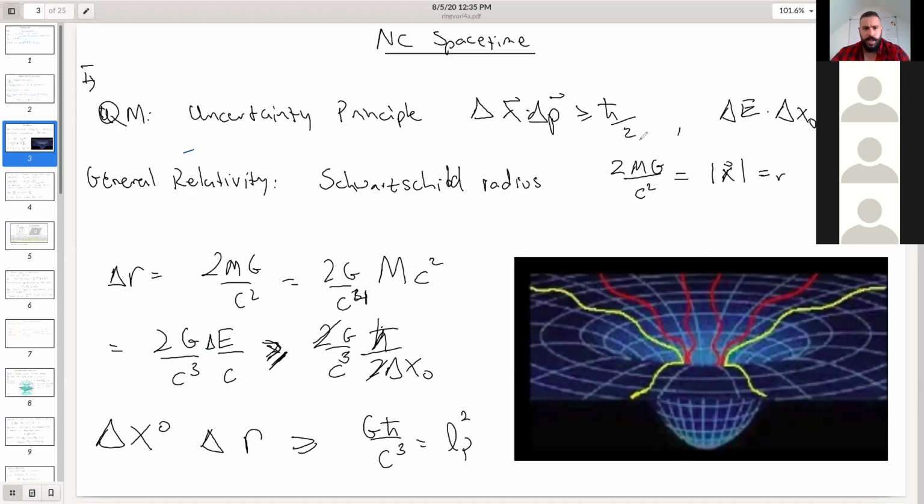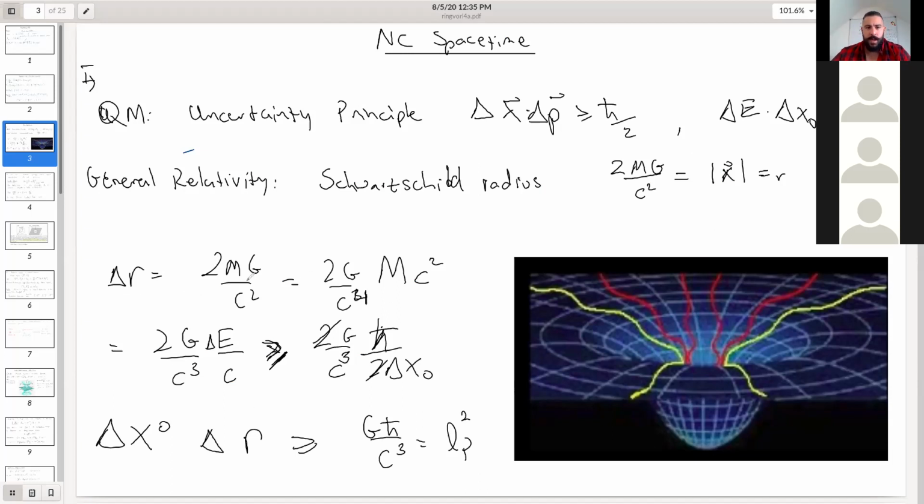If you take those two together and you take from general relativity the Schwarzschild radius, which is exactly the radius to which you have to shrink some object with mass m such that it becomes a black hole, so in a sense this mass is so big that it creates a singularity in space-time, leading to black hole formation, it is given by 2mG divided by c², where G is some constant and c is the speed of light, right?